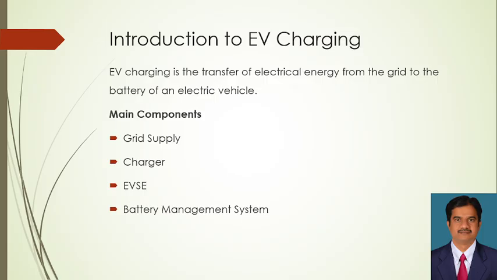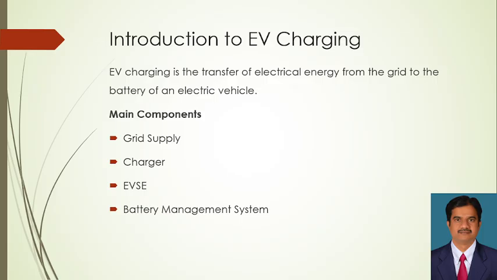There are two different types of charging: one is DC charging, another one is AC charging. Electric vehicle charging is the transfer of electrical energy from the grid to the battery of an electric vehicle.